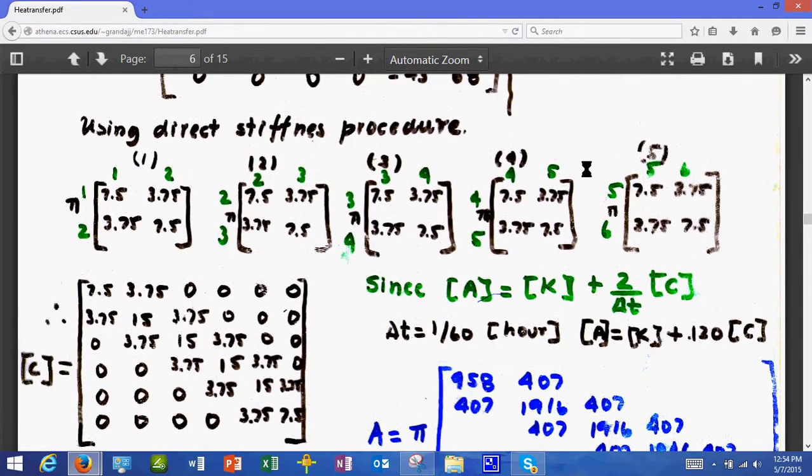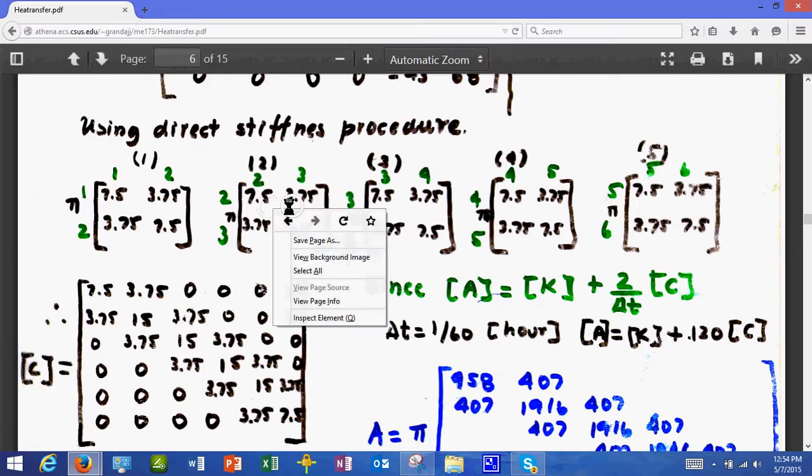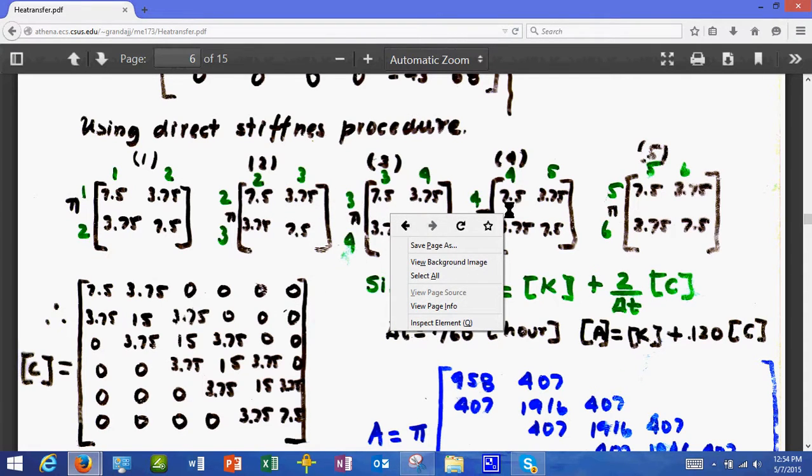See, this is interesting. Using the direct stiffness procedure, you establish for one, and then establish for the other one, and then for the other, and so on. This is how we make it, how big this becomes, because you have this and this together.